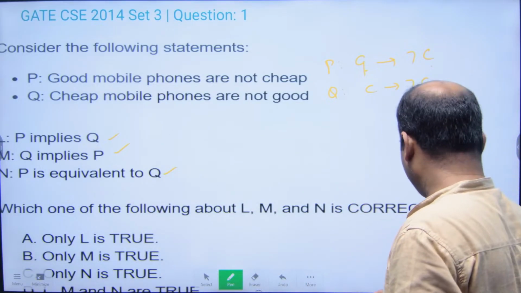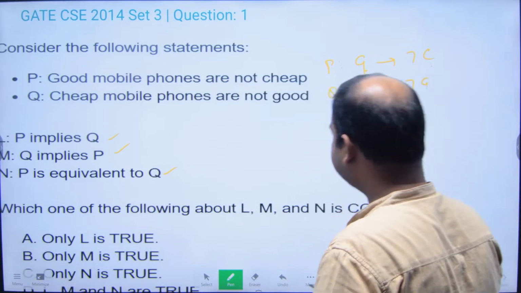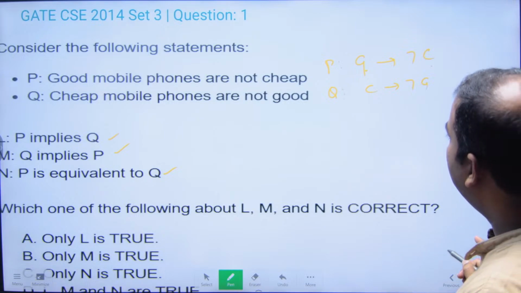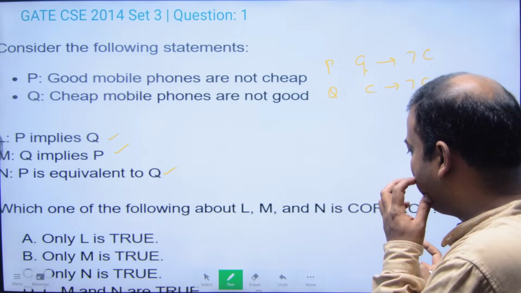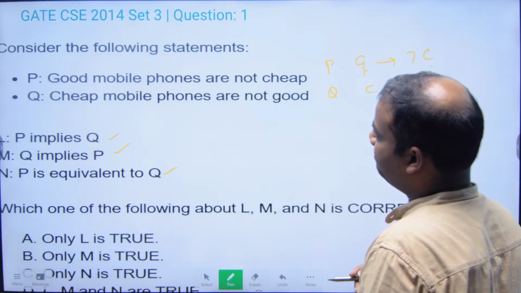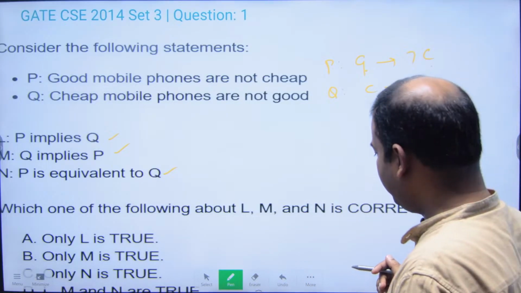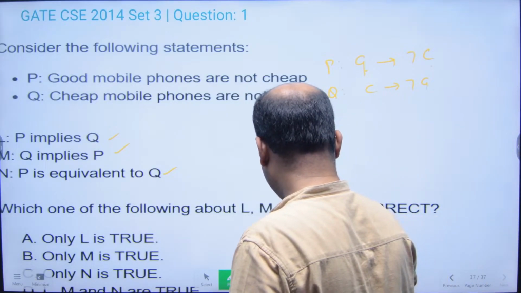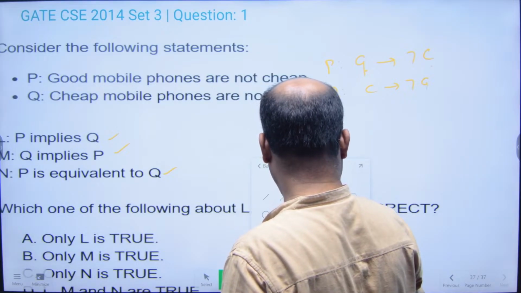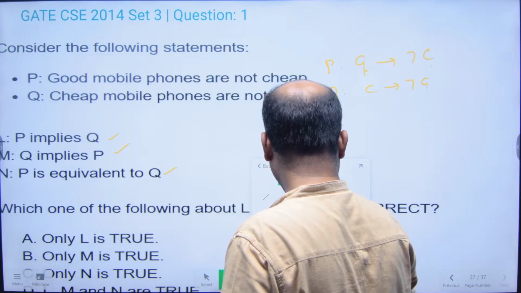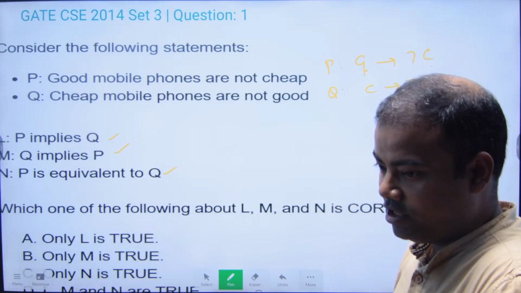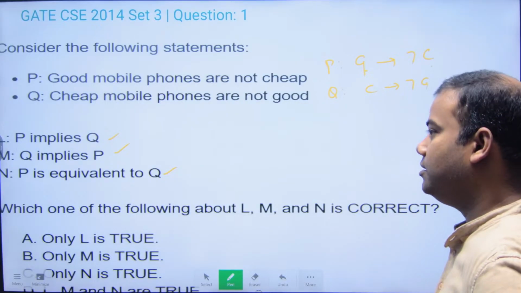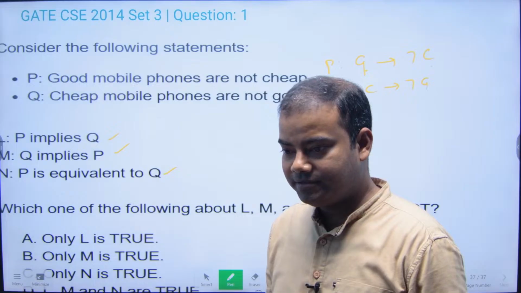So this is the last slide of questions. Now a few things I left in predicate logic. One is the functionally complete set. You know the universal gate.